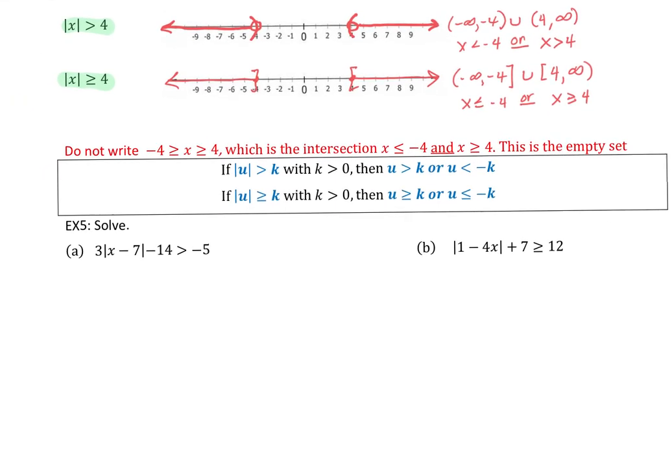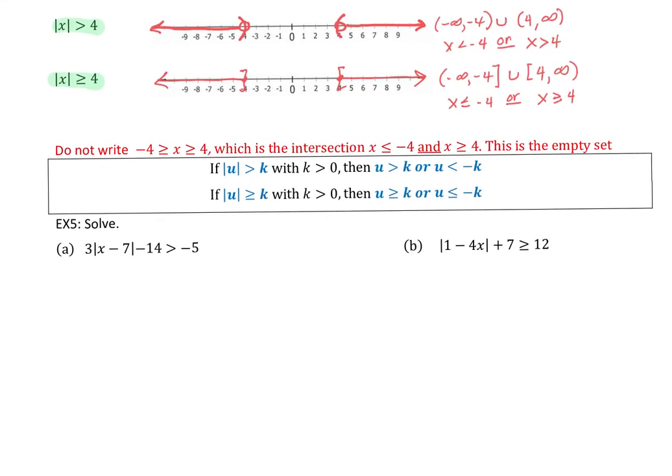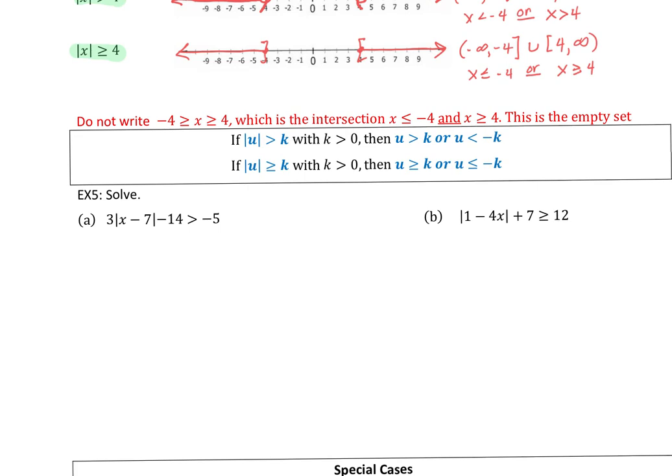So what would happen if you went ahead and wrote it in between the inequality symbols? For example, notice that this x less than negative 4 is here, and the x greater than, or greater than or equal to, 4 is here.